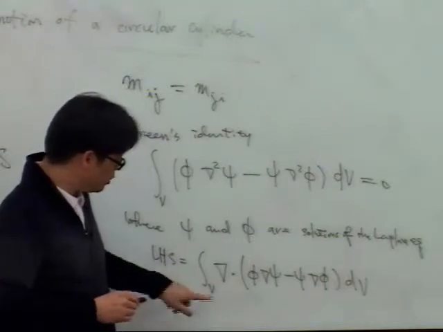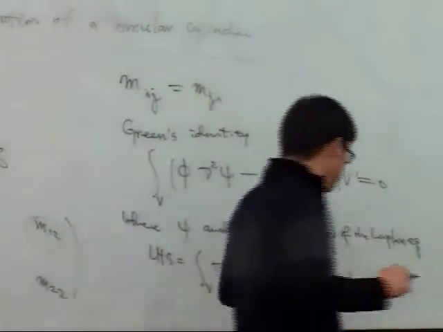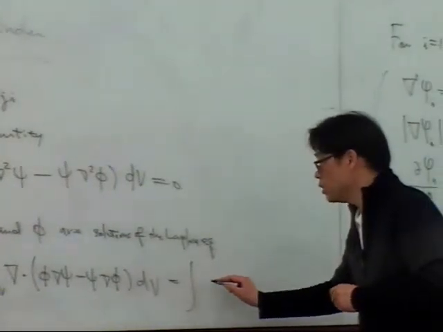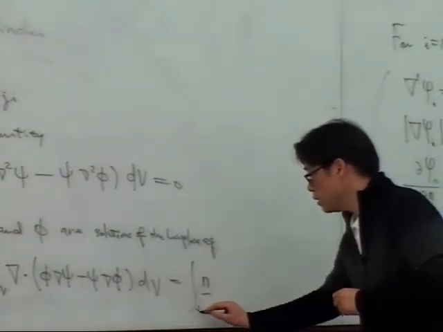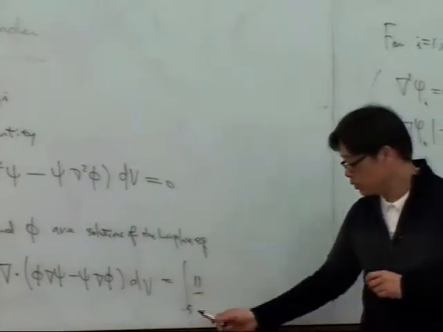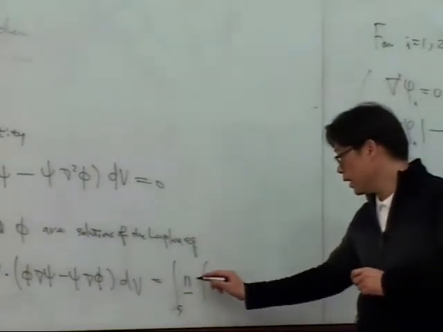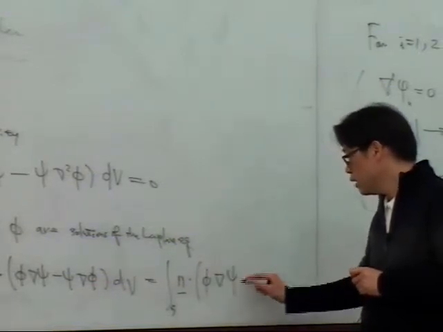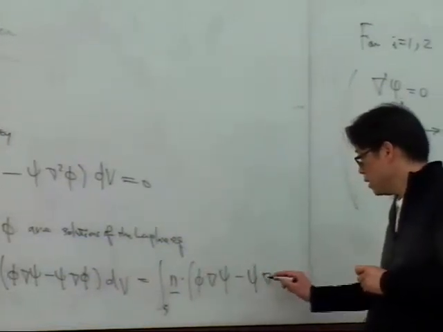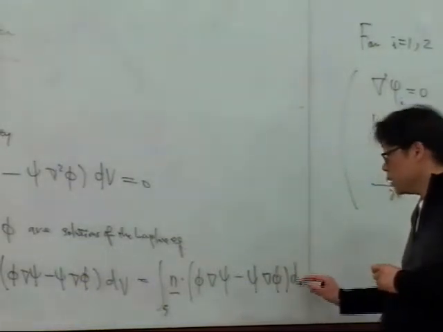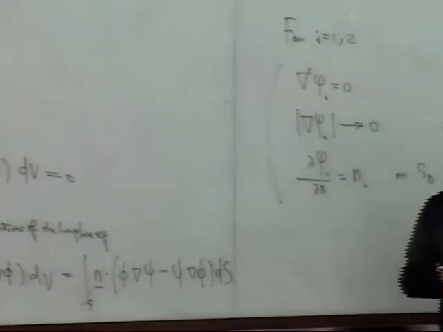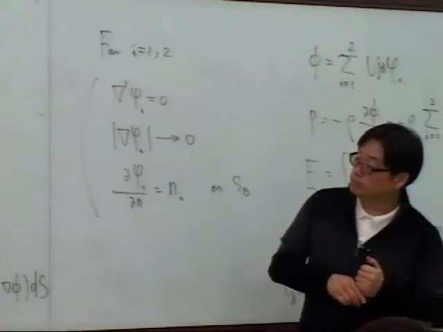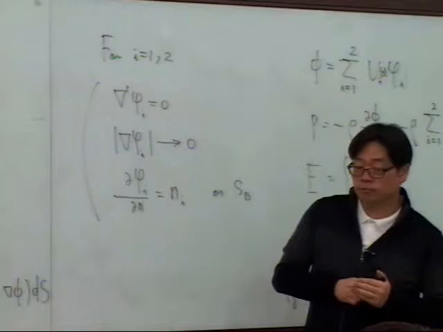And then we can use Gauss theorem, so I change the volume integral to a surface integral, and then I end up with phi ds. Okay?